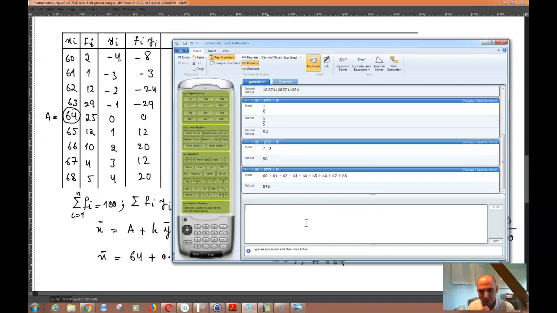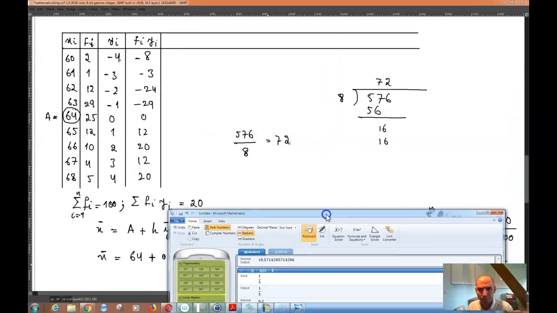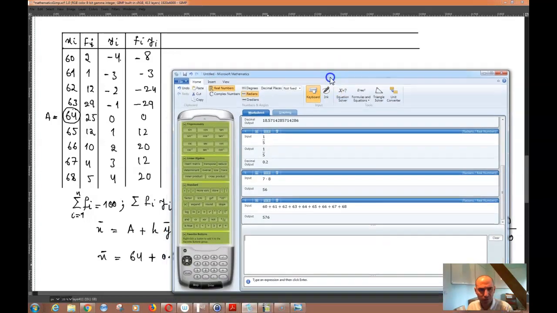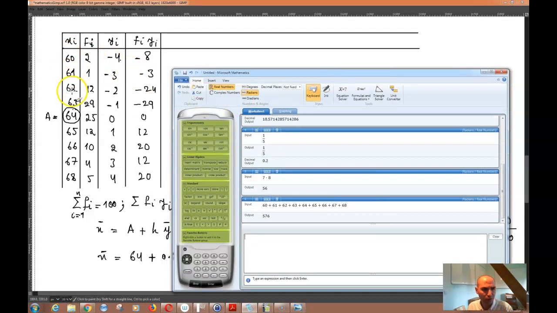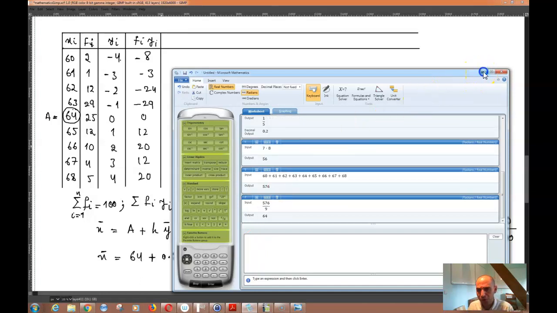That is equal to 576. And you have 1, 2, 3, 4, 5, 6, 7, 8, 9. Oh, I'm sorry, divide by 9. 576 divided by 9 is 64.